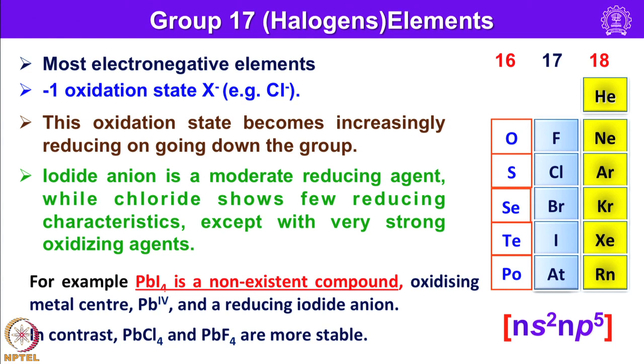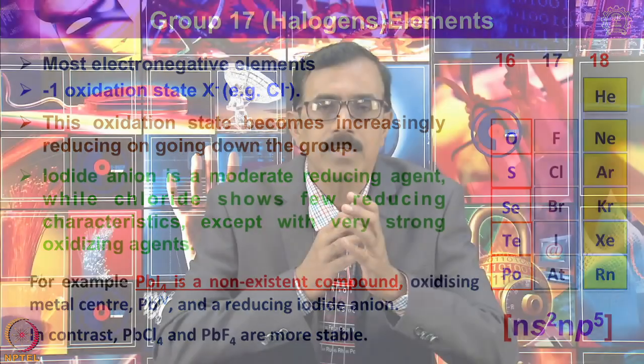For example, PbI4 is a non-existent compound because of the combination of highly oxidizing and highly reducing species. In contrast, PbCl4 and PbF4 are moderately stable.